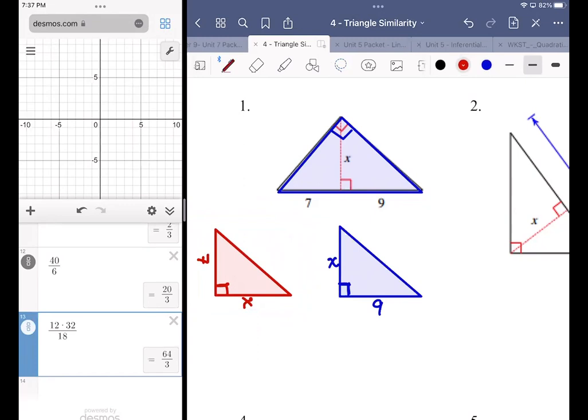So now I can put it in proportion. I know the 7's out of whack here, but I kind of do that for effect. So I could say 7 over x is equal to x over 9.